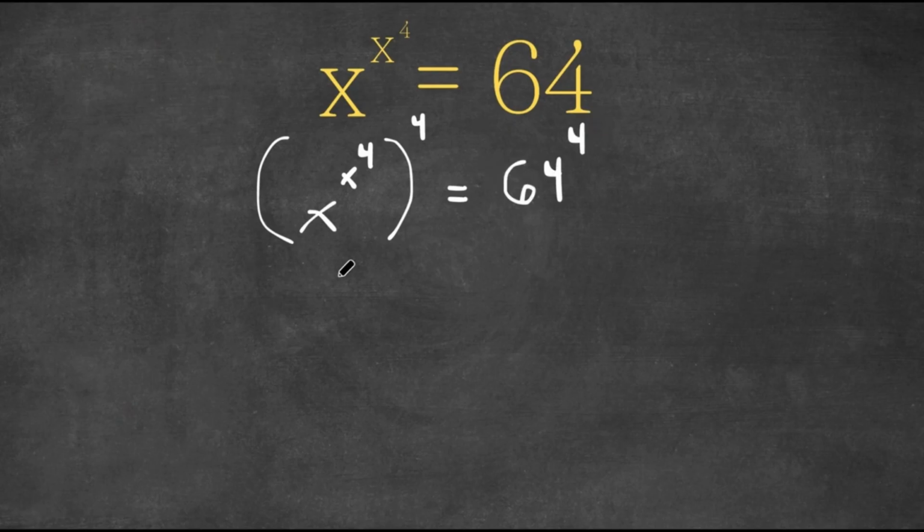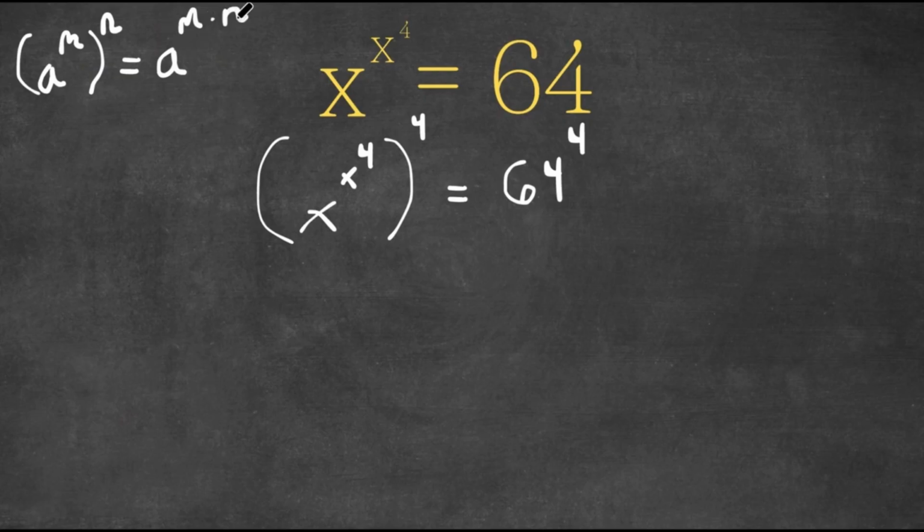So now if I have something in the form a to the power of m to the power of n, this is equal to a to the power of m times n, right?